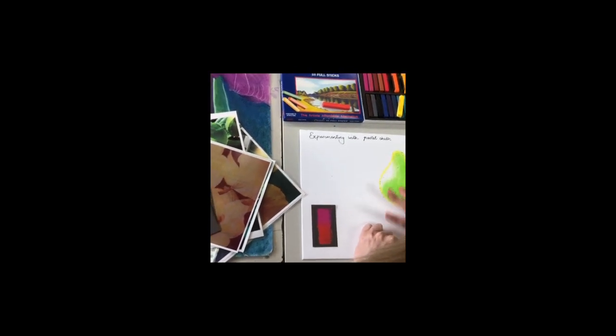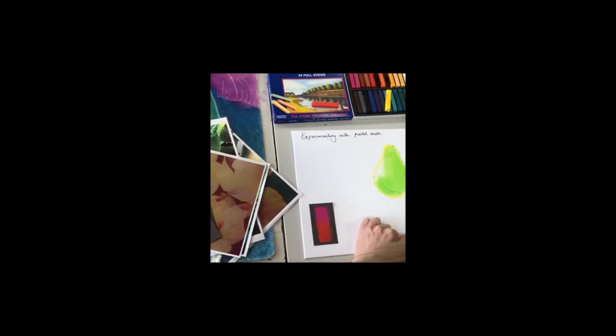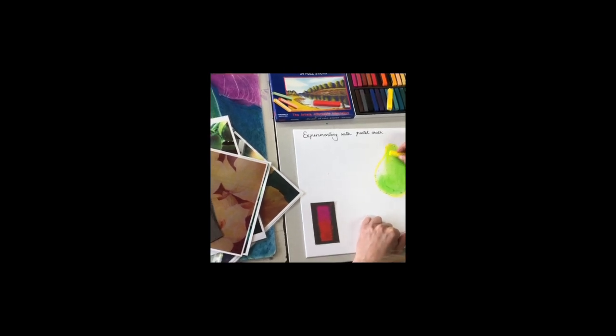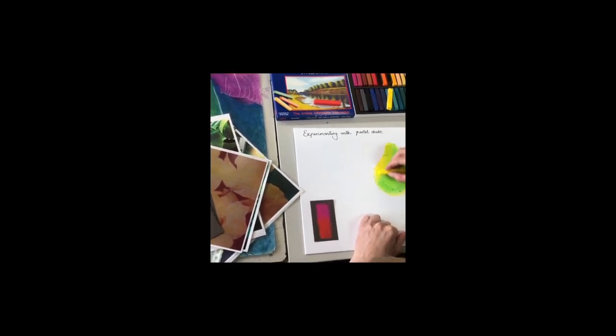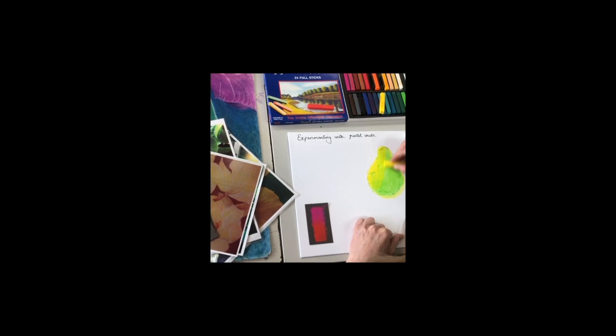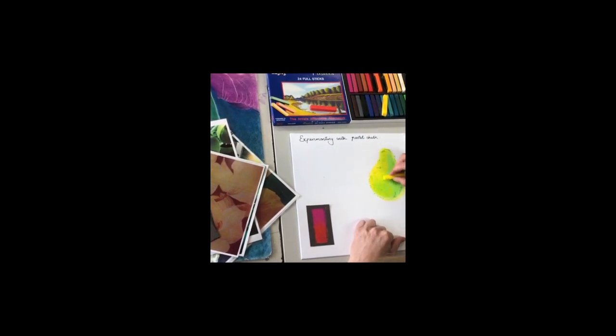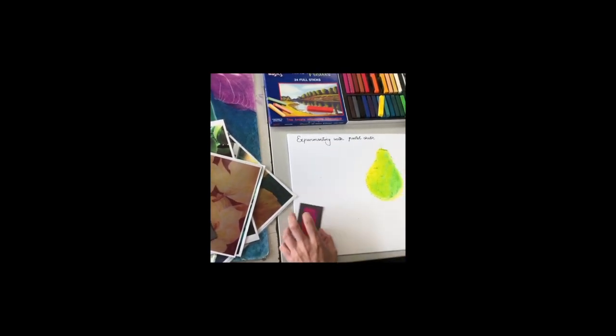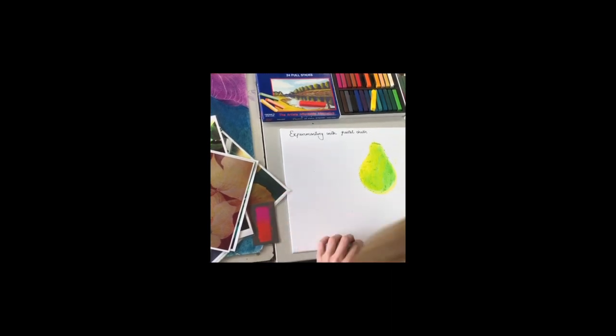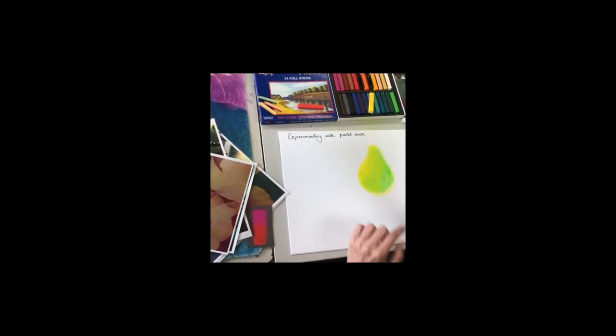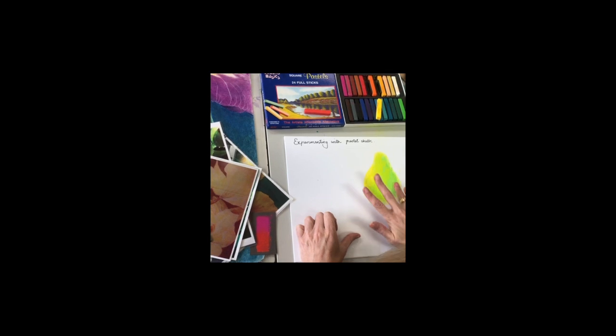Then I'm going to bring in, see how that's not quite the right colour? So we need to bring in the yellow to make that colour. Trying to stay inside that shape. And as I said, it gets messy, so blow it away. I'm not going to use that finger. I'll use that finger for the bottom.